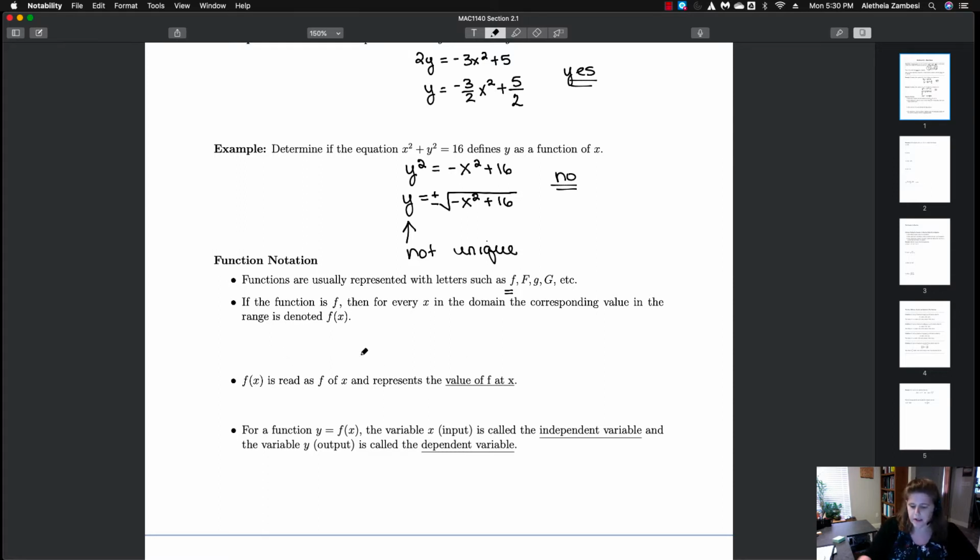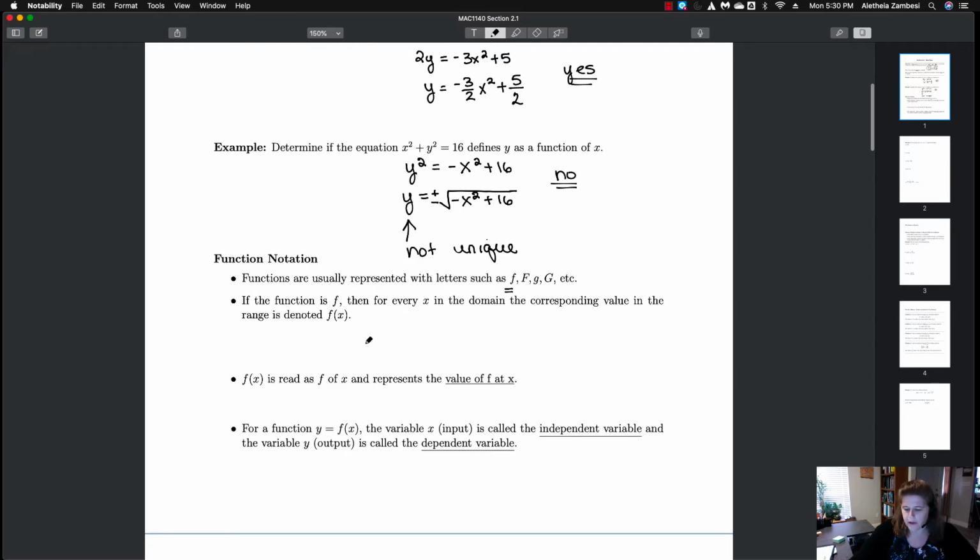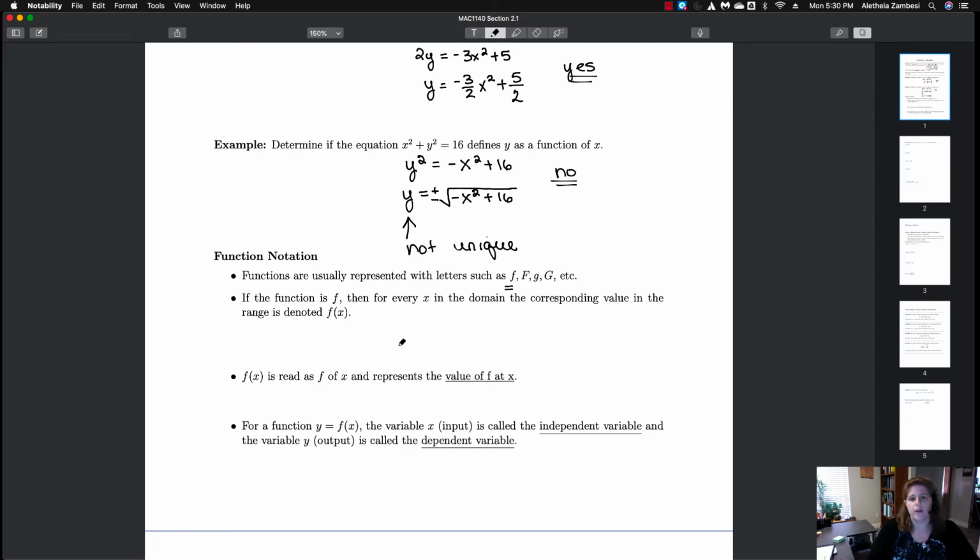So if a function is f, then every x value in the domain is corresponded to what's called f of x. So f of x is the value of f at x. So if we have f of x, this is a function where we're using x as the input variable.